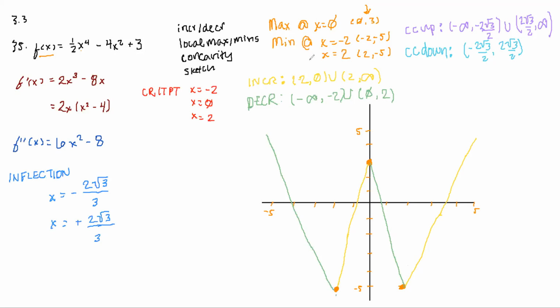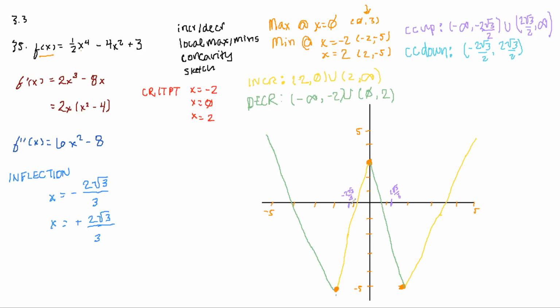So I am concave up. So we said this is going to be about -1.15, and this is going to be about +1.15. So this point is 2 root 3 over 3, and this point is -2 root 3 over 3. Okay?